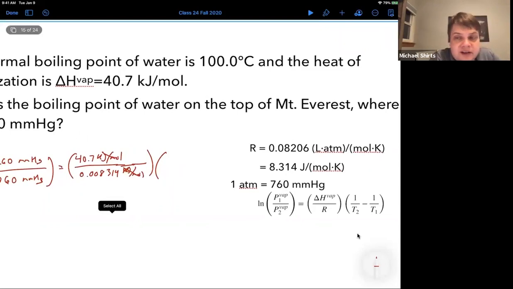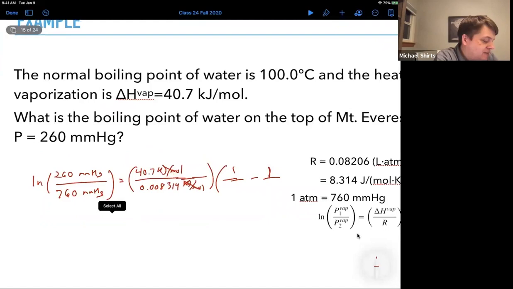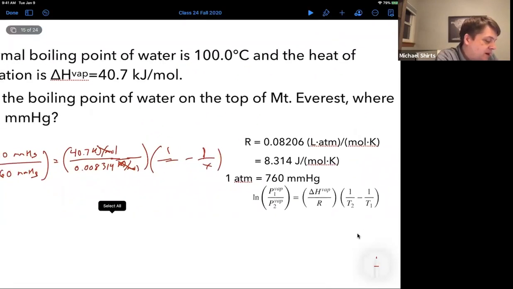So two things are important here. We've got 1 over T2 minus 1 over T1. When I picked 260 millimeters of mercury as P1, I decided which one is temperature 1. Temperature 1 is the boiling point of water on Mount Everest, and that's actually an unknown.